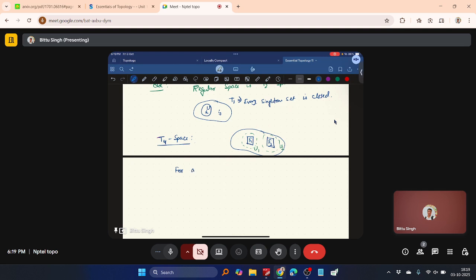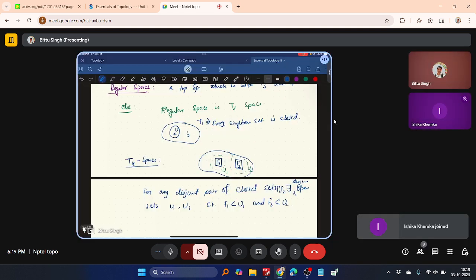For any disjoint pair of closed sets F1, F2, there exist disjoint open sets U1, U2 such that F1 is contained in U1 and F2 is contained in U2. So this is the definition of T4.